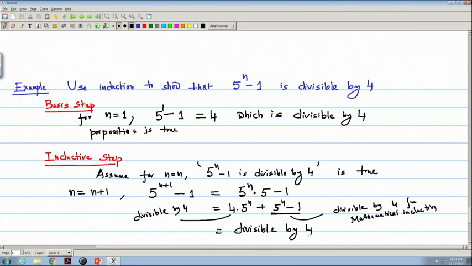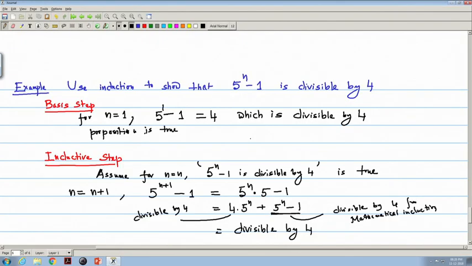So, in the basis step, we check for some basic value of n, that is n equal to 1, whether the formula is true or not, and for the inductive step we assume that the immediate predecessor value is true.